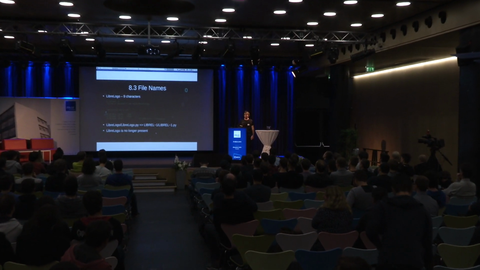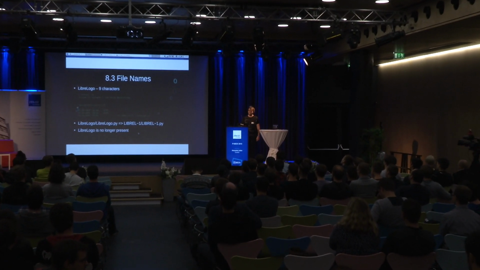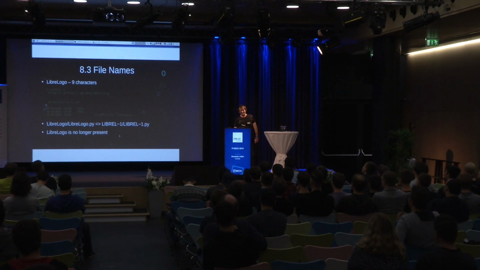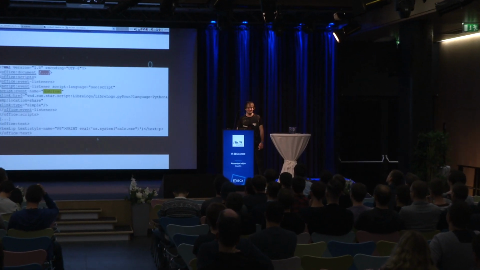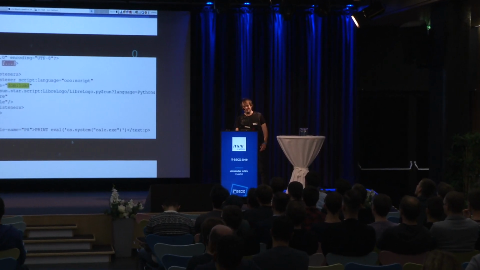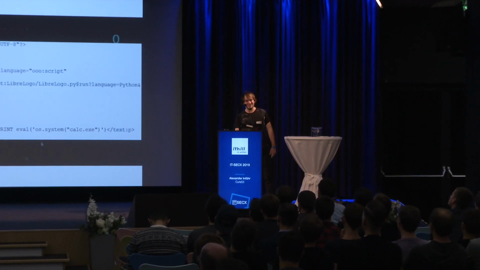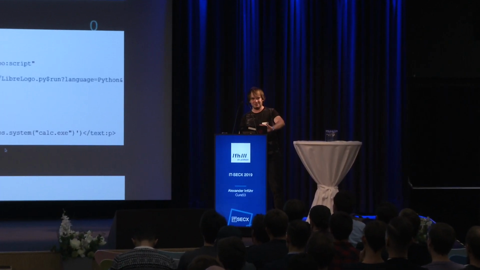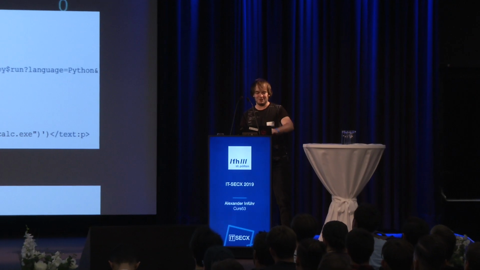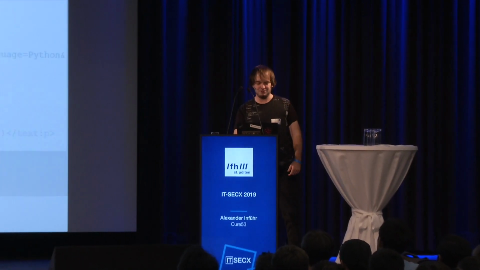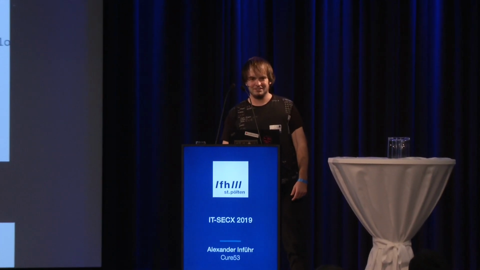But the Libre logo string is no longer there. And that was the last bypass I found. But just to show you what changes I had to do, this was Ludlow's original bypass, where he used the DOM load event, and all I had to do was this. And once again, when you open the file, it would execute calc.exe.